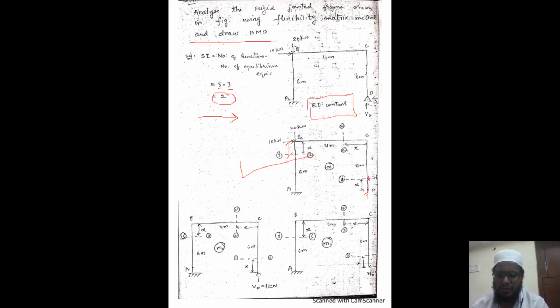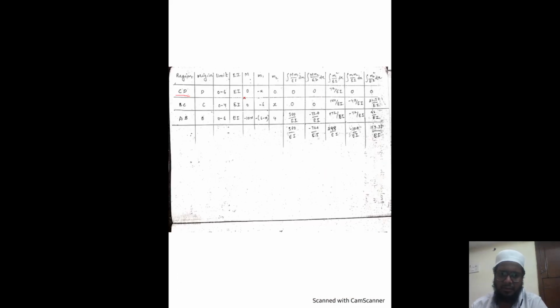Can you see any force on the free end? Do we have any force on the free end of the frame? There is no external force or internal force on the right side or free end of the section, so that means my moment will be equal to 0 for span CD. You can see here my moment is 0 for span CD in our M diagram.